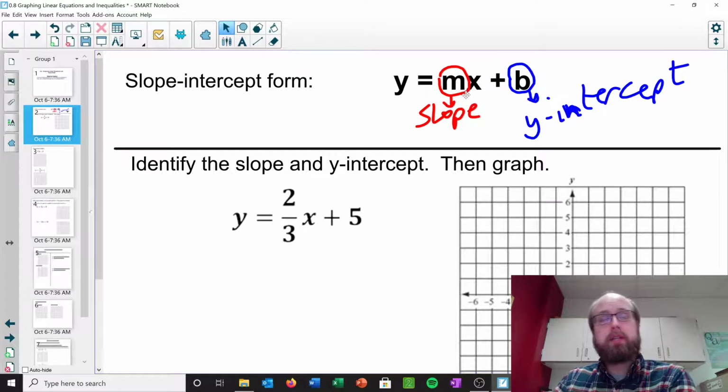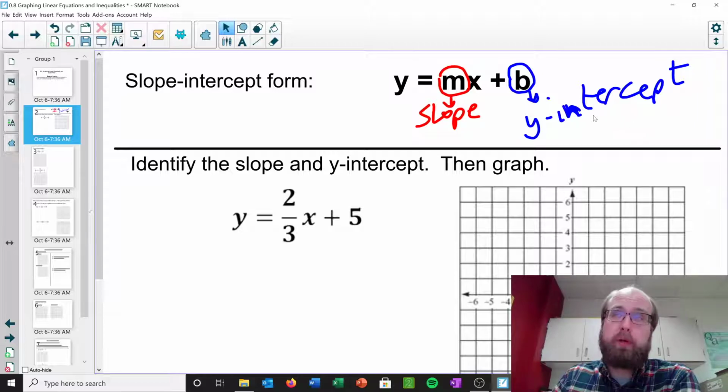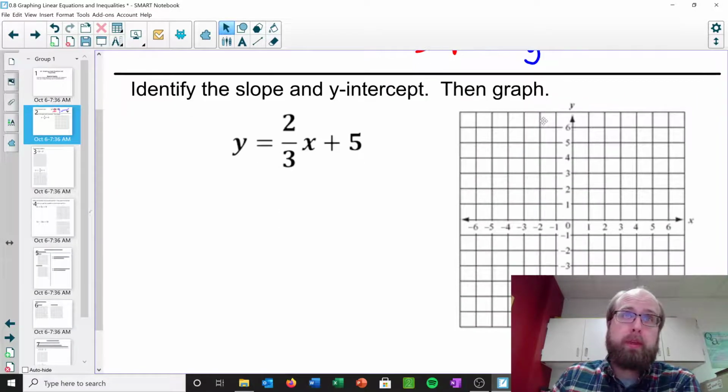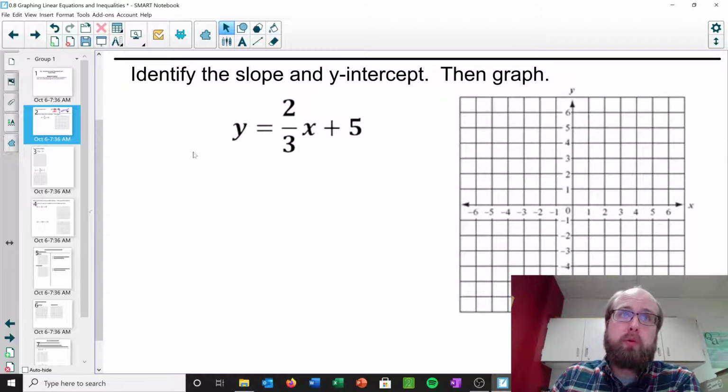Basically, if you see an equation in this form, then you have a straight line, and you will be able to graph it just by using the slope and the y-intercept. So let's look at that. I have this equation here, y equals 2/3 x plus 5. I want to identify the slope and y-intercept and then graph it.